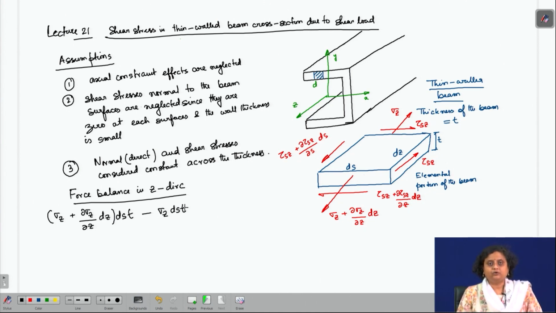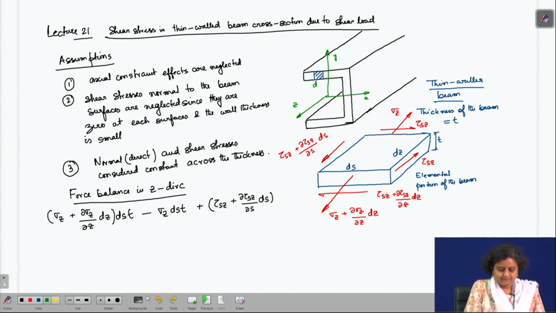Now, the other force in z direction is going to be tau s z plus the area of this portion, which is going to be dz into t, and then we have to negate tau s z into t into dz.